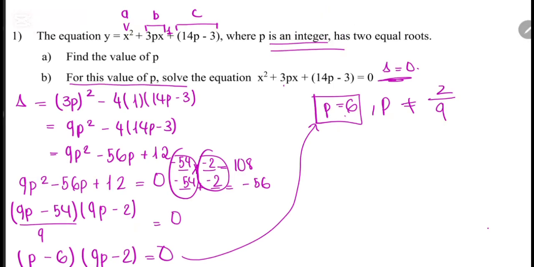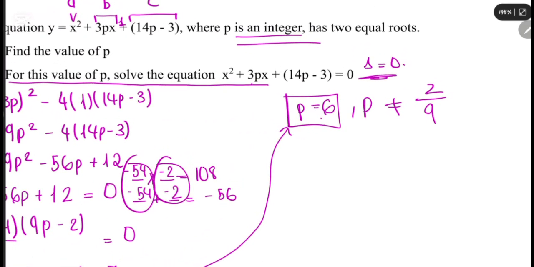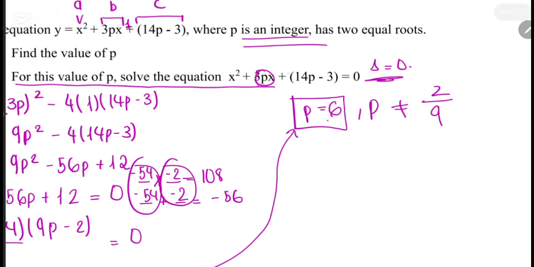For this value of p, solve the equation x squared plus 3px plus 14p minus 3. Basically, it's saying that you plug in p equals 6 into this equation here, and you solve for x.